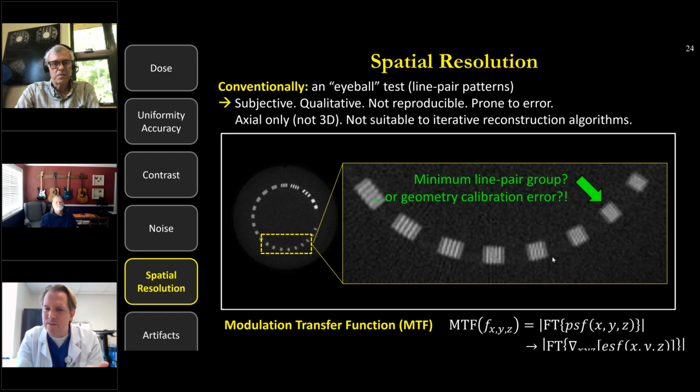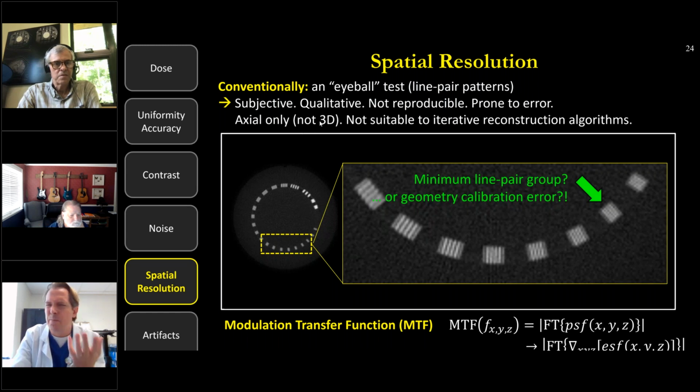If you start to look closely, these things on the edges don't quite look right. And in fact, it's an artifact of geometric calibration error, where what you're seeing here is a false aliasing effect. We're actually above the spatial resolution limit, and the modulation we're seeing in this little line pair test pattern is purely artifact.